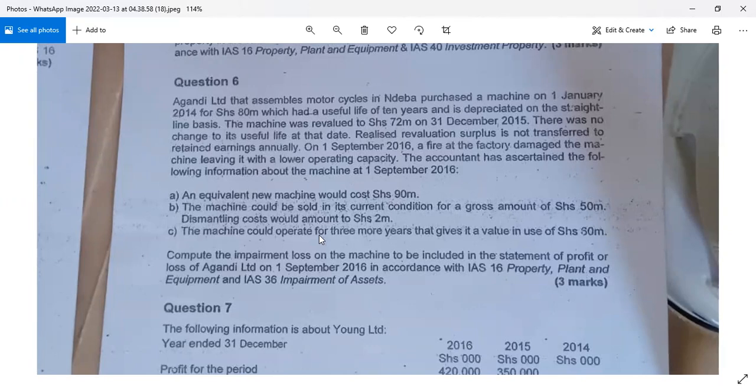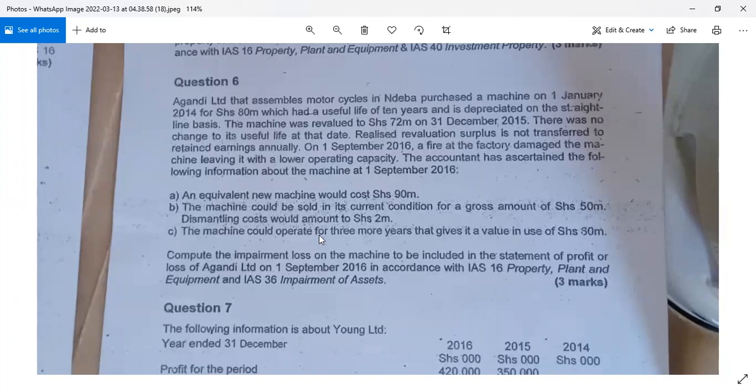Before you even read the information, you're supposed to know at least by now that an impairment loss specifically is on a condition that the carrying amount is greater than the recoverable amount.